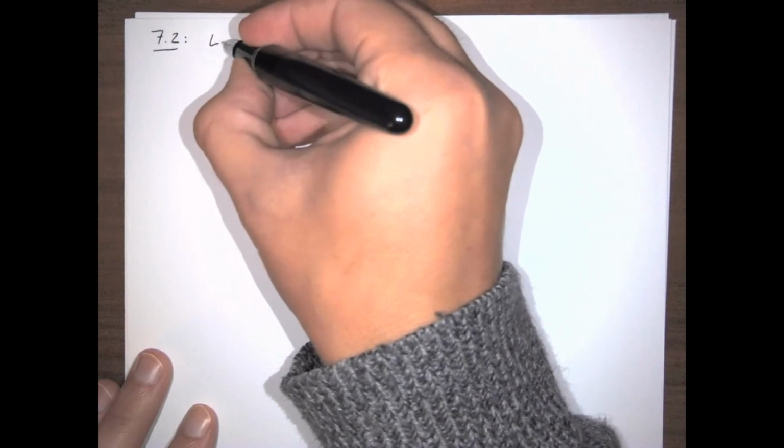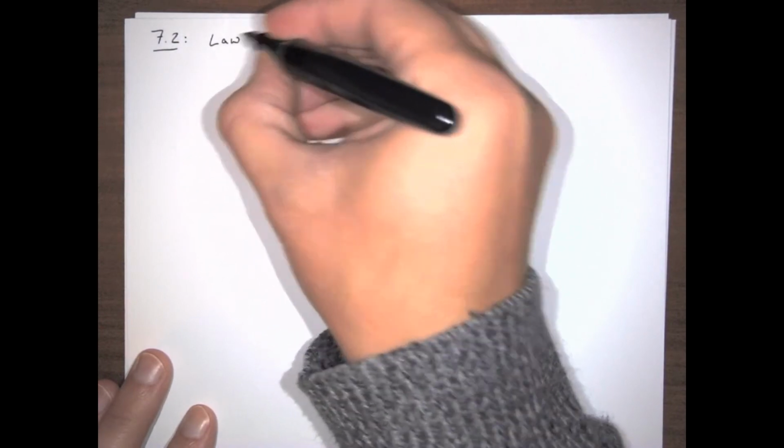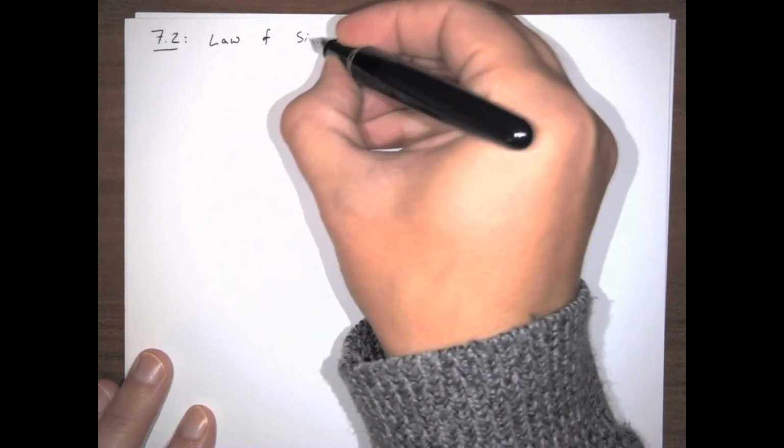So the first tool is 7.2, the law of sines.